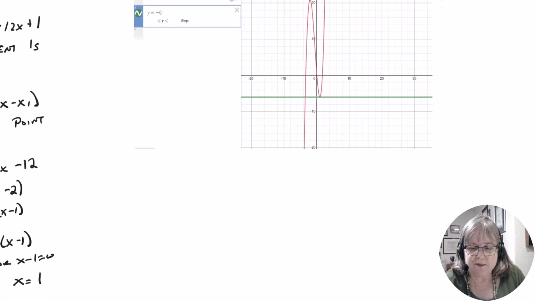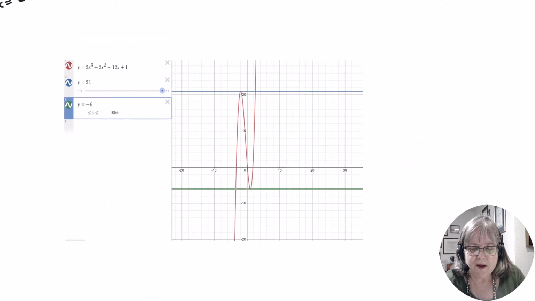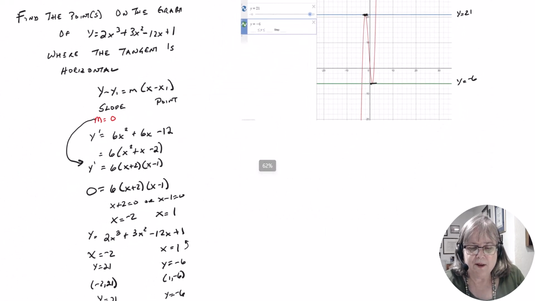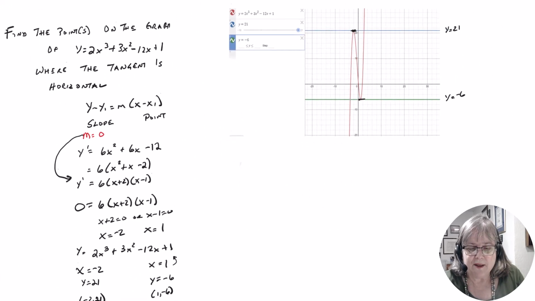So let's look. The red is my original function. This top blue line is y equals 21. See how it passes right there? And this bottom line is y equals negative 6, and here it is down at 1. So if you're allowed to have your graphing calculator, you can plot these and see what it is.